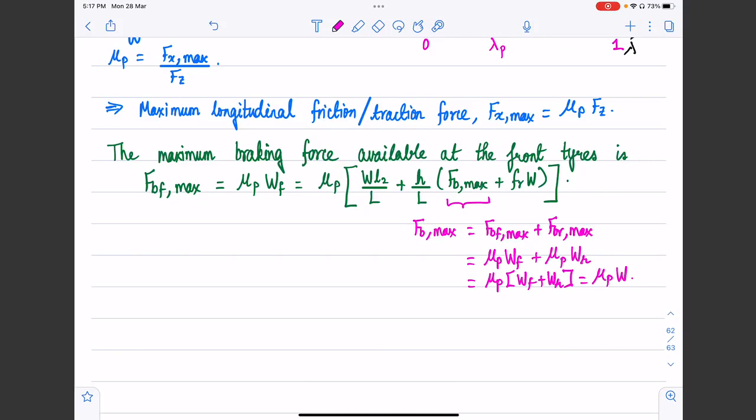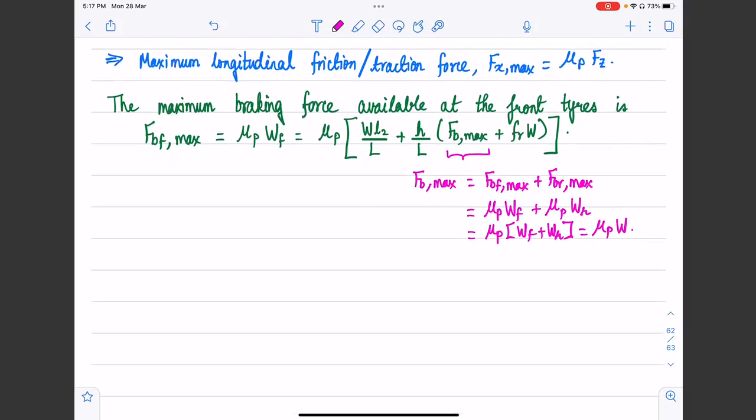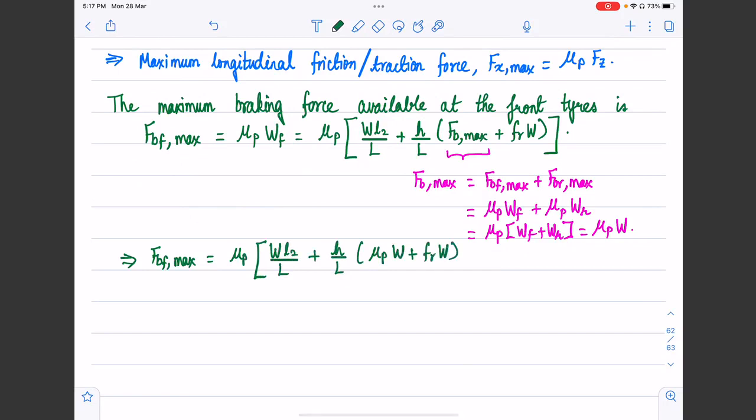Now, having obtained this, we go back and simplify the expression. So FBF max is going to be equal to mu P W L2 by L plus H by L times mu P times W, that's FB max, plus FRW. So that's what we have.